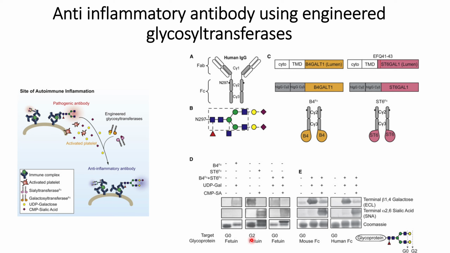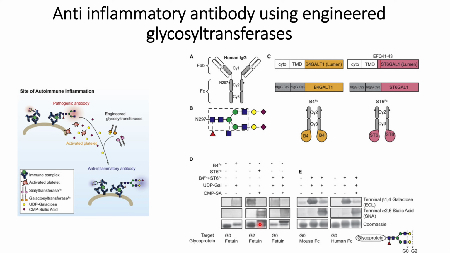The G2 has galactosylated glycan structures, and the representation is shown in the bottom right corner, showing what G2 and G0 are. When the galactosylated G2 fetuin is treated with ST6FC and CMP-sialic acid, sialic acid is added at the alpha 2,6 position.